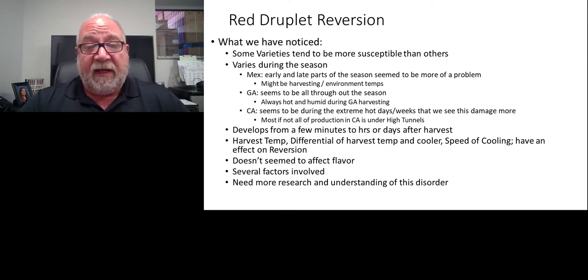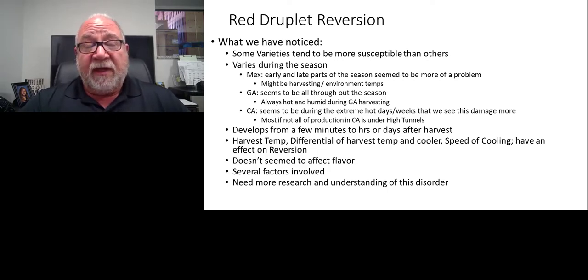And I agree, it is harvesting temperatures and environmental temperatures that make a big issue. And in Georgia, it seems to be all throughout the season, because it's always hot in Georgia during the blackberry season, unfortunately.